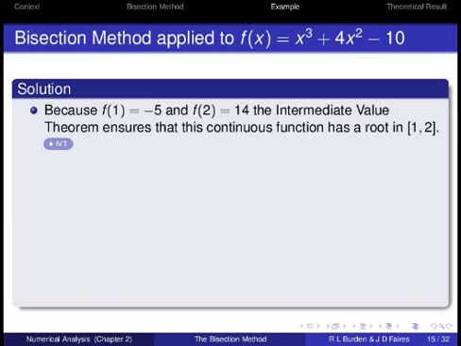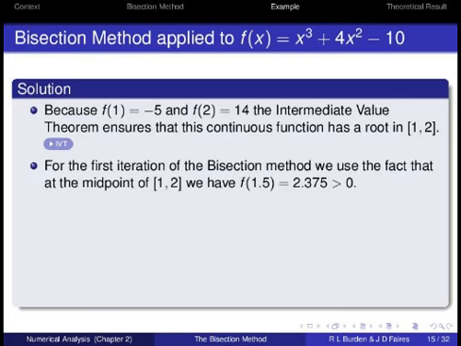The intermediate value theorem says that this is a continuous function, although it's a polynomial, so it is continuous. And f of 1 is negative and f of 2 is positive, so it is guaranteed that the root lies in this interval. Now we can split it at the midpoint. The midpoint between 1 and 2 is 1 plus 2 divided by 2, that means 3 by 2, which is 1.5.